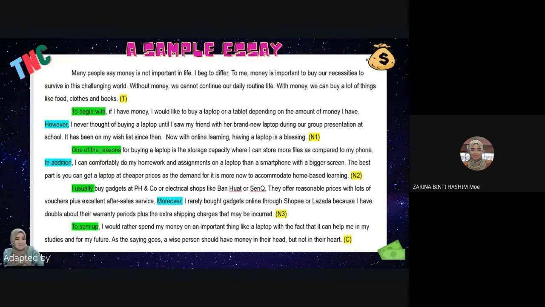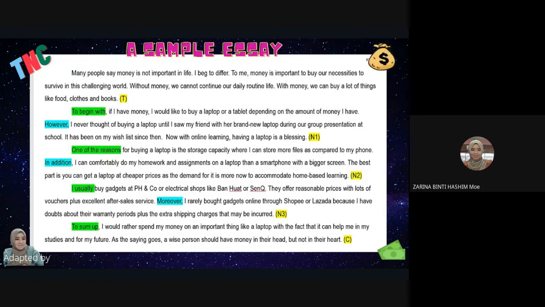No. We will give you the marks when we look at the language. So overall, from the beginning until the end, if your language is so bad that we cannot understand what you are trying to say, then we put you in a certain band.